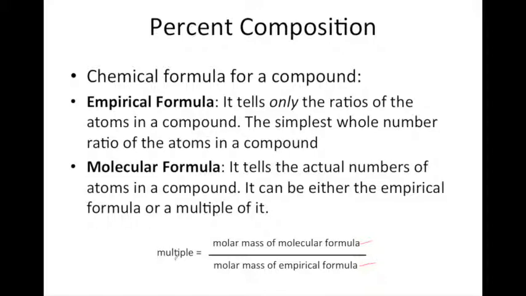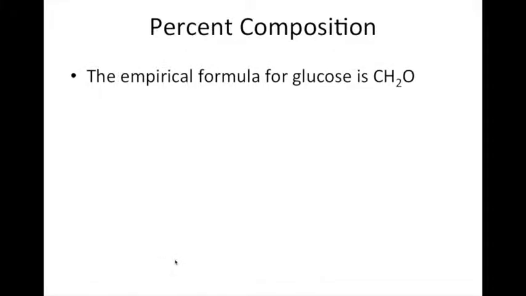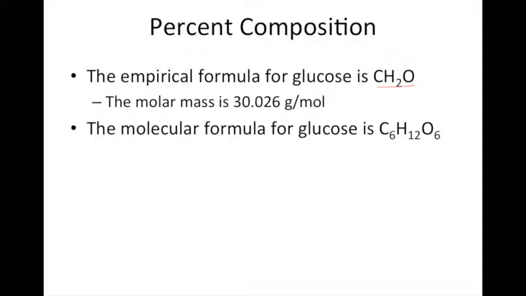Let me give you an example to illustrate this using glucose. The empirical formula for glucose is CH2O. If we calculate the molar mass for this empirical formula, we get 30.026 grams per mole. Now the actual molecular formula of glucose is C6H12O6, and the molar mass of this molecular formula is about 180 grams per mole.